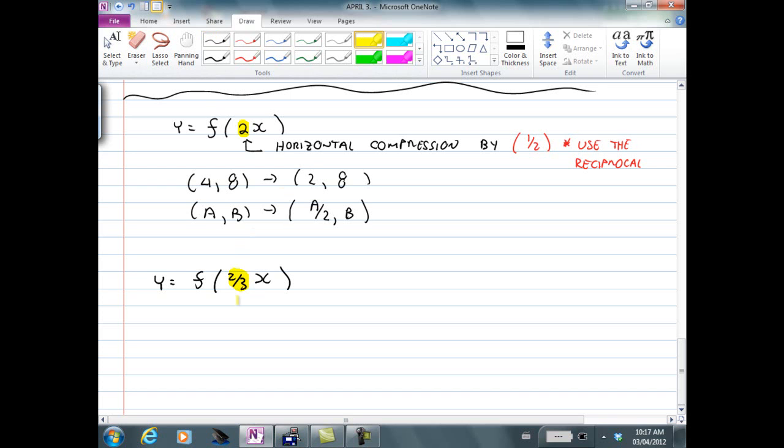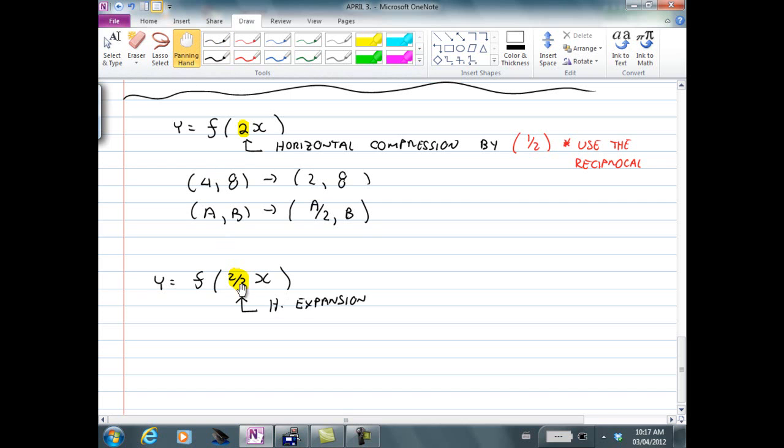But in reality, 2/3 is a big number, because you got to use the reciprocal of 2/3. So write down what this does. Horizontal, I'm going to use H expansion, or you can use the word stretch. Expansion, because we got to use the reciprocal of 2/3.